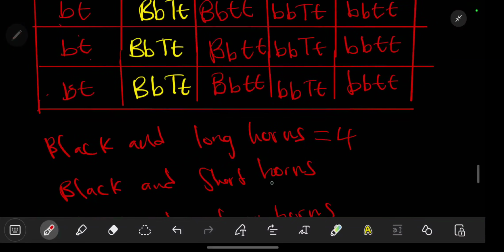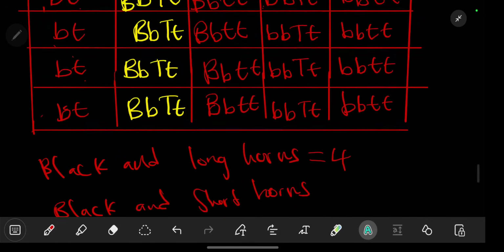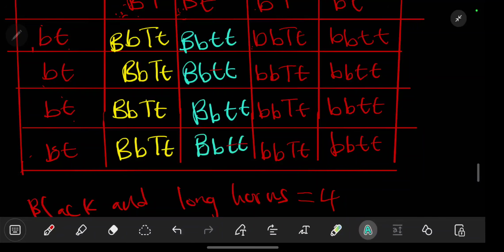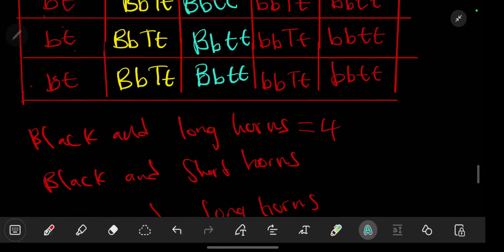Then black and short horns, you're going to go where you see at least one big letter B and 2 small letter T's, like that. So this is what we have. So we are going to put our 4 like that.